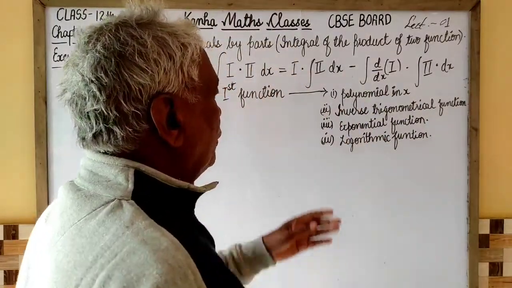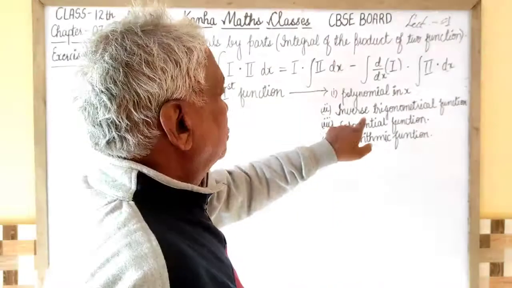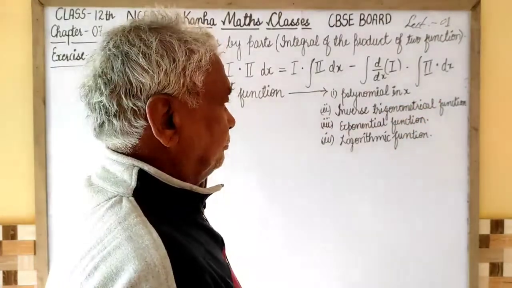Second, if a polynomial in x is absent, then you have to choose the inverse trigonometrical function.